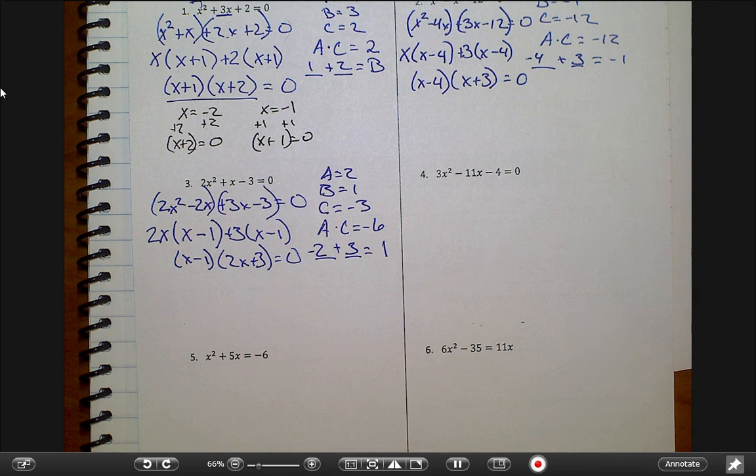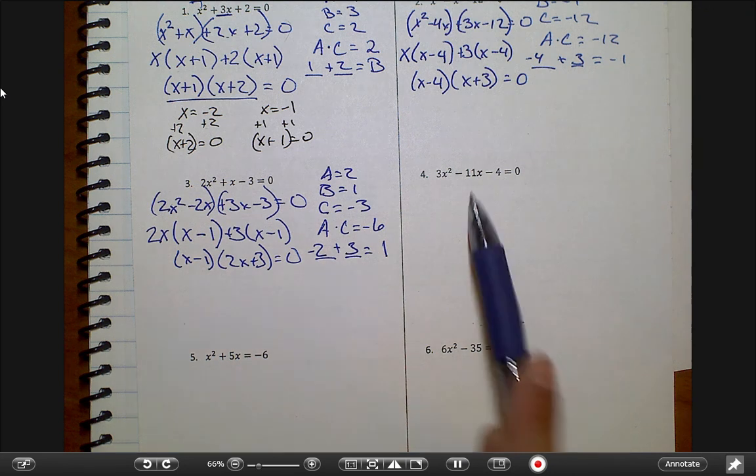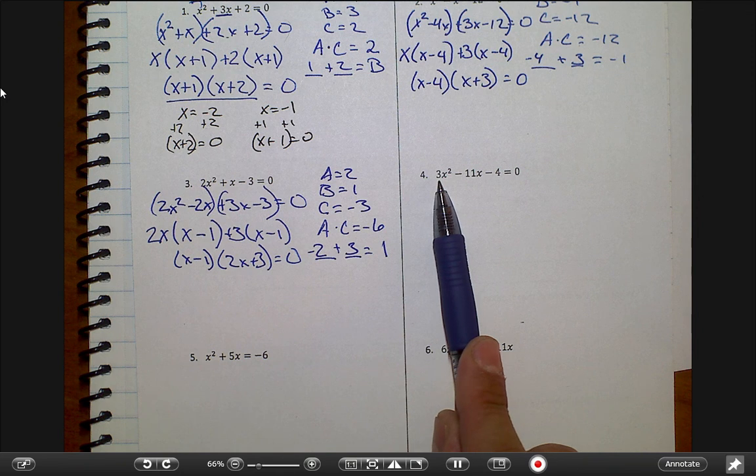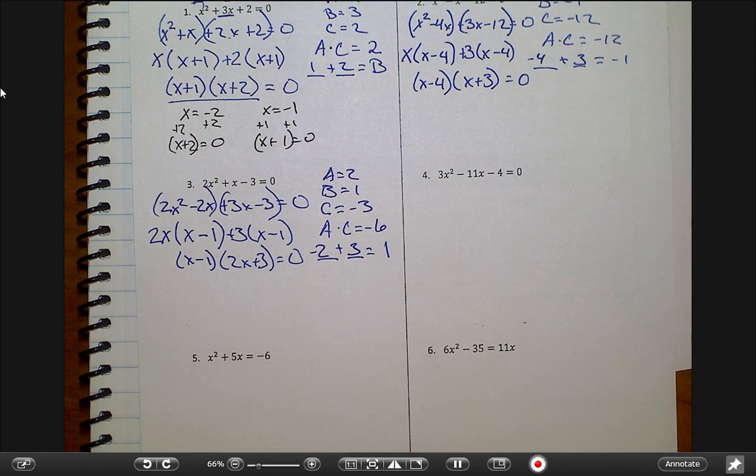Now, let me see if I could say this very plainly, very clearly. You, the student, will be working on 4 to do by hand first. I'm going to do it a different way.